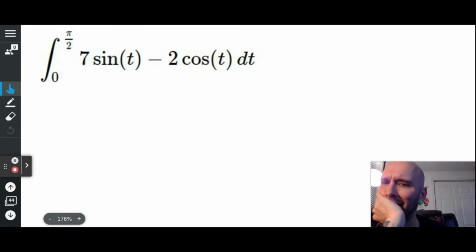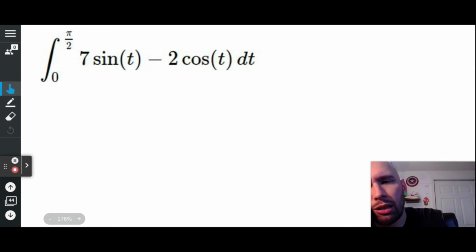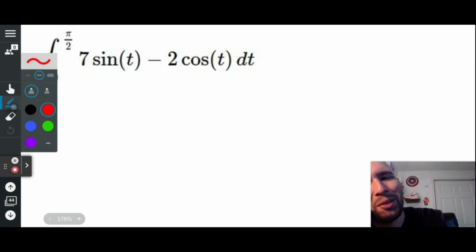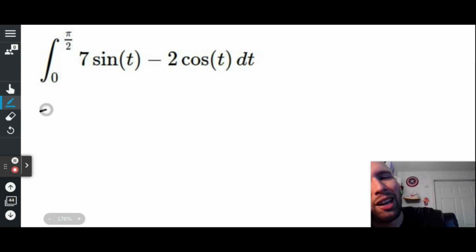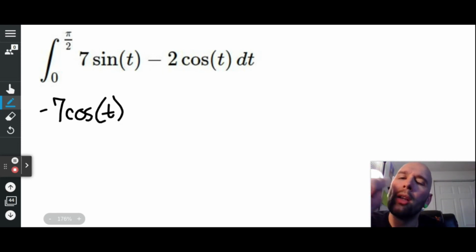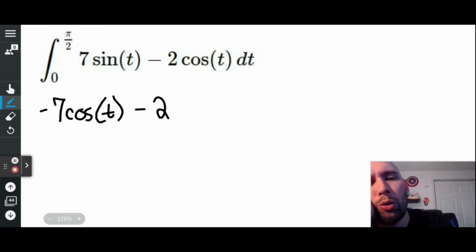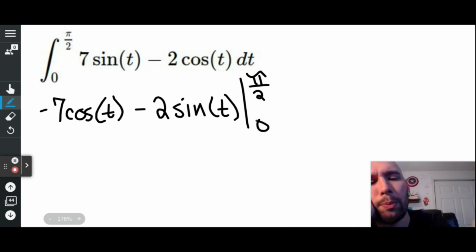All right, so we've got ourselves a nice little trig problem. I think I can handle it. The integral of sine is negative cosine, so negative 7 cos t minus 2, the integral of cosine is regular sine, so minus 2 sine t. Limits are pi over 2 and 0.